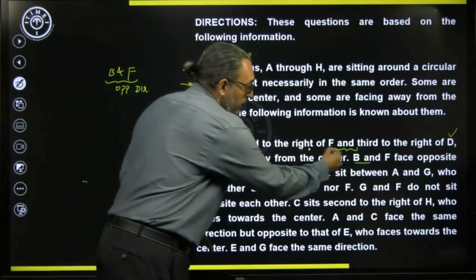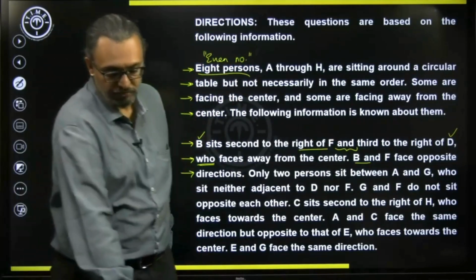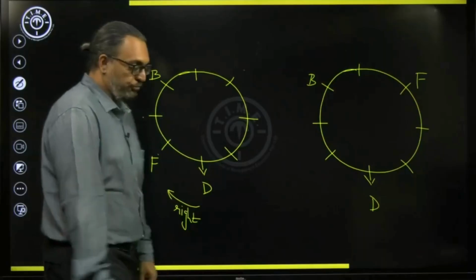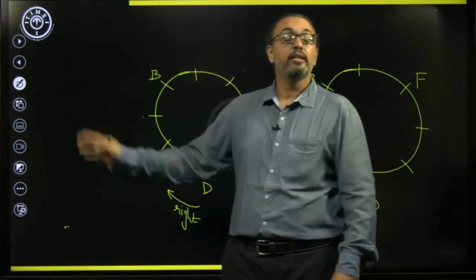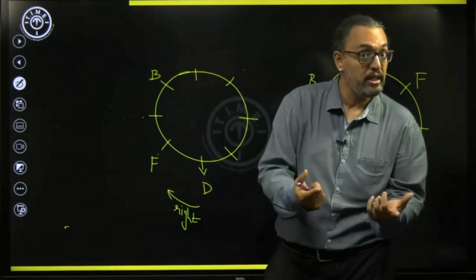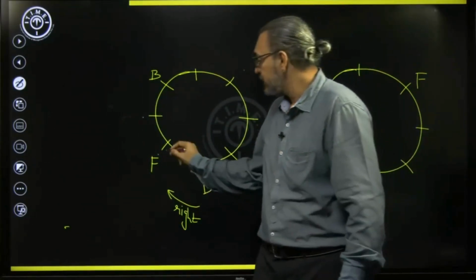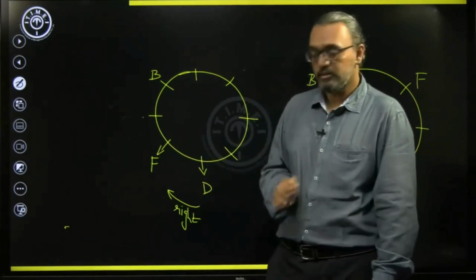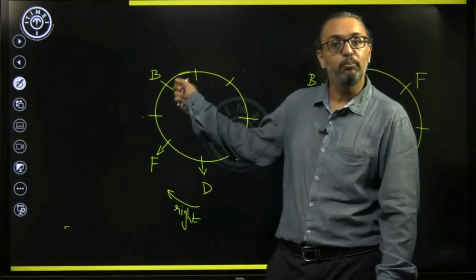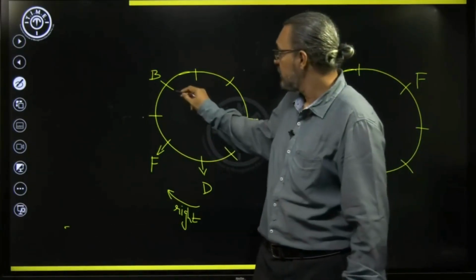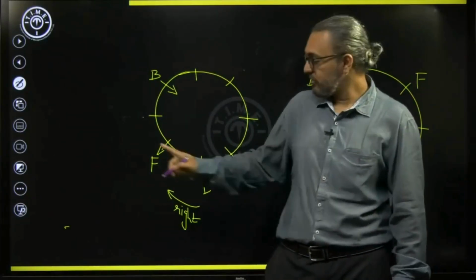Second to the right side of F. Okay. Now, here from F, in this case, as you can see from F, second position I am counting in the clockwise direction. So, clockwise direction should be the right side. That means F has to face away from the center, because clockwise direction is the right side. And we know that B and F are facing opposite directions. So, B will be towards the center because F is away.